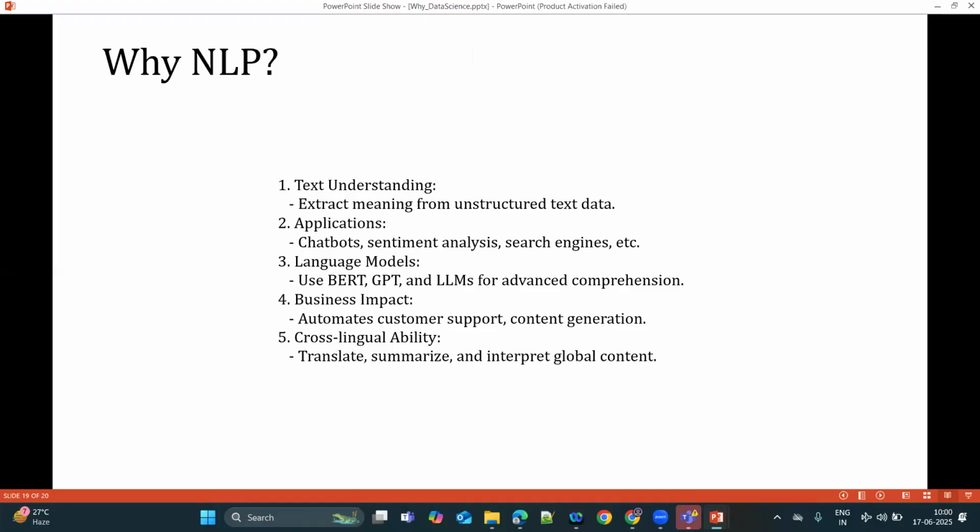Similarly, why NLP? Why natural language processing? So, yesterday I gave an example: if you go to any restaurant, after having your food and dishes, the waiter will come to you and give the bill, and finally he will ask for feedback on the food, and you will give the feedback.